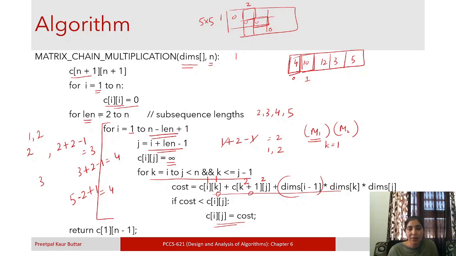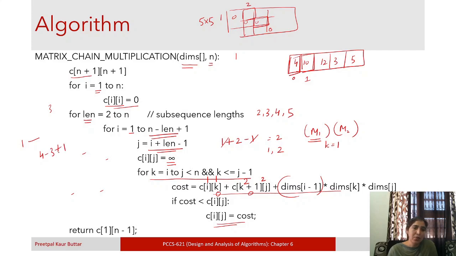Now length will become 3. It means we are now including 3 matrices. Again i will start from 1, and I will vary till n minus length plus 1, with length now 3. So 5 minus 3 plus 1 is 3.